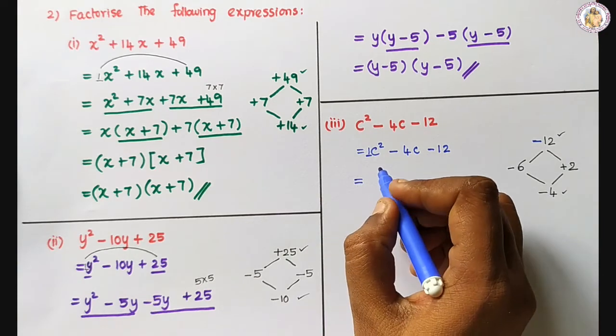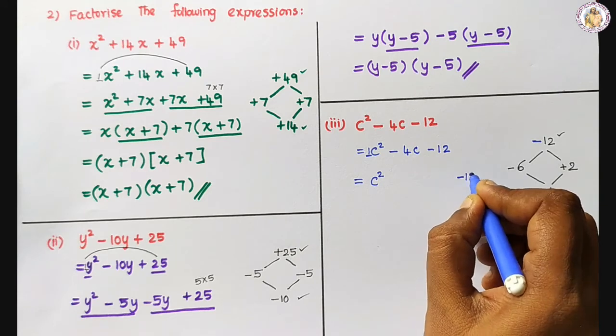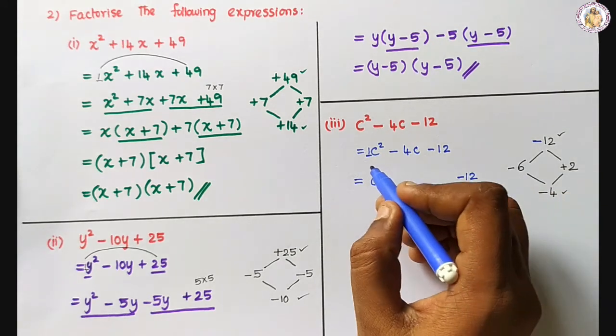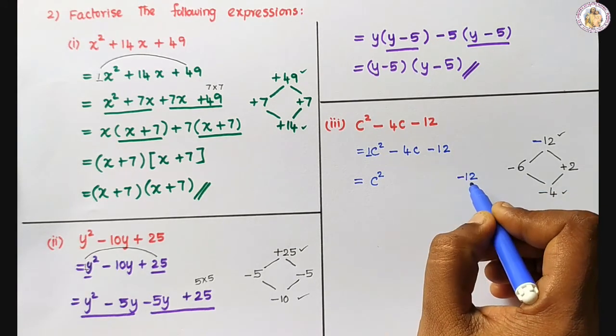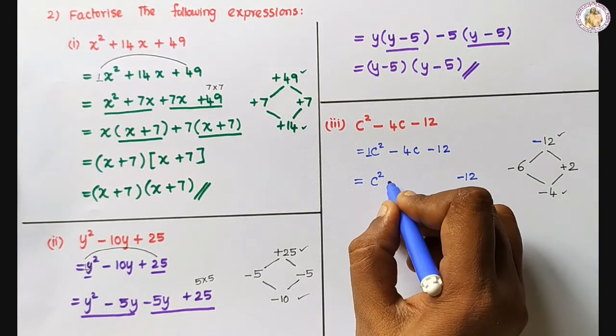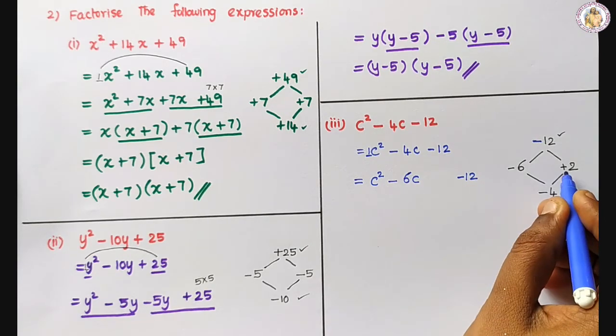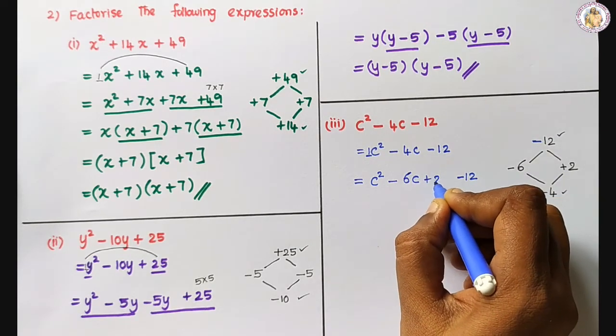What is the next step? Write down c squared and minus 12 as it is, the c squared and the constant term. Minus 4c is split into minus 6c plus 2c.